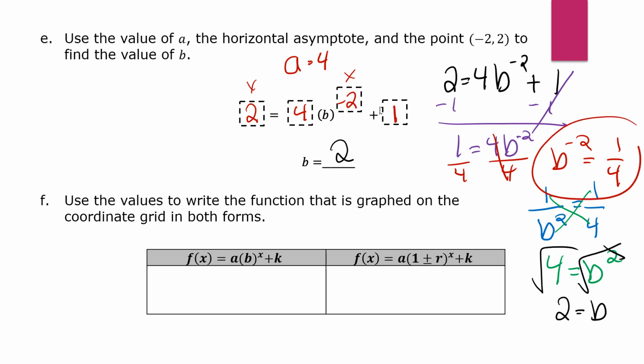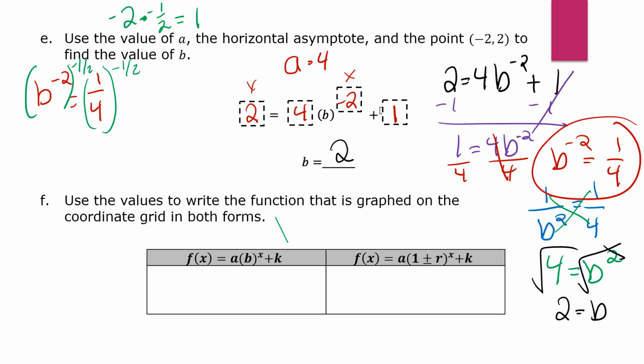Let me do this over here the different way, just to show you a different way to solve this. So b to the negative 2 equals 1/4. So thinking back to our radicals unit, we would get rid of this negative 2. We thought, negative 2 times what would give me the positive 1? So we can do a negative 1/2 power. So we can raise both sides to the negative 1/2. This is also a way we can solve this.